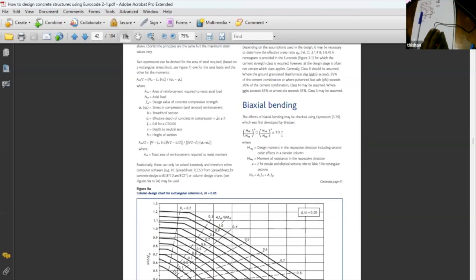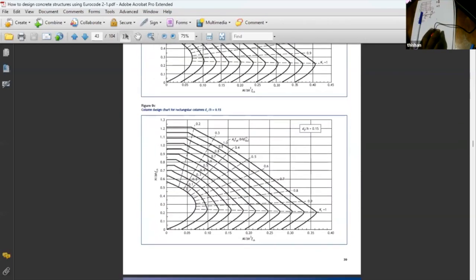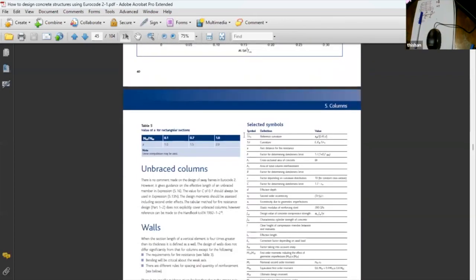And if you look at this particular equation, you'll find that when we were students, we learned Code of Practice 110. Code of Practice 110 had this particular equation for biaxial bending. We used that equation. But then BS 8110 came.